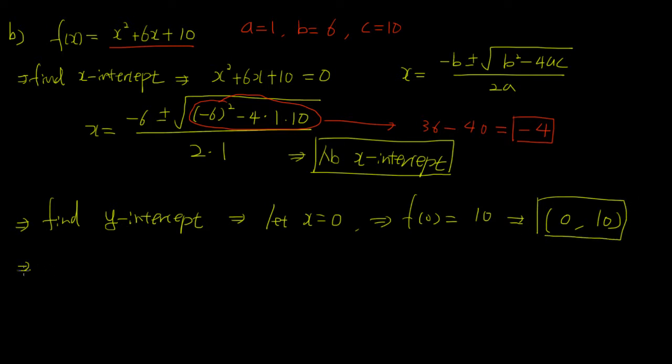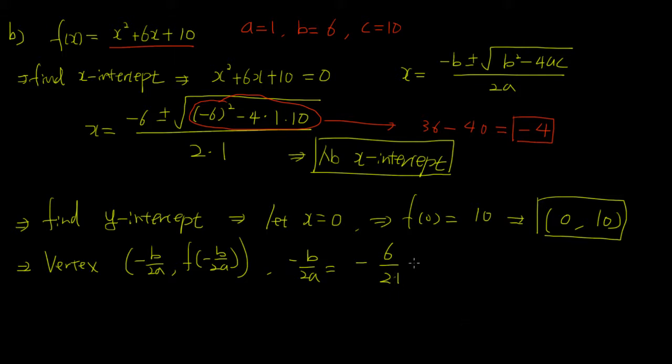Now find the vertex. The vertex was negative b over 2a, f of negative b over 2a, right? So let's find negative b over 2a first. Negative b, and b is 6, over 2 times 1, which is just 2. So negative 6 over 2 is negative 3. That's our negative b over 2a. Now we need to find f of negative 3.